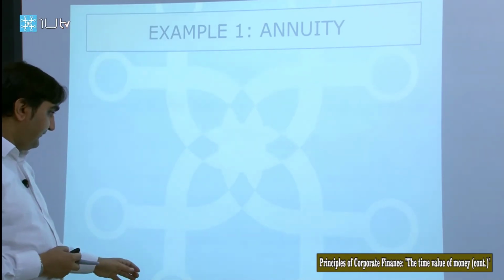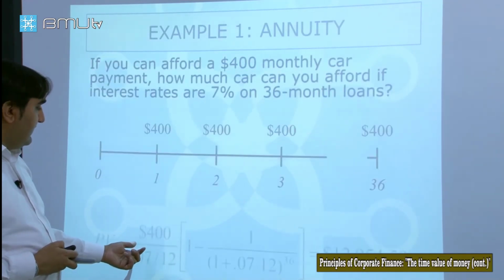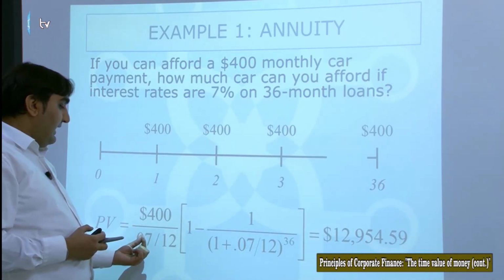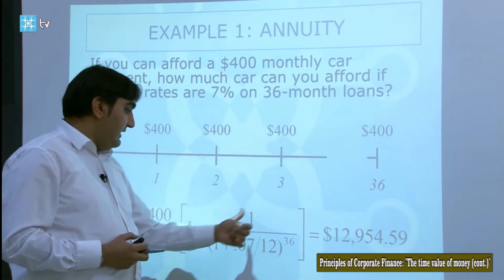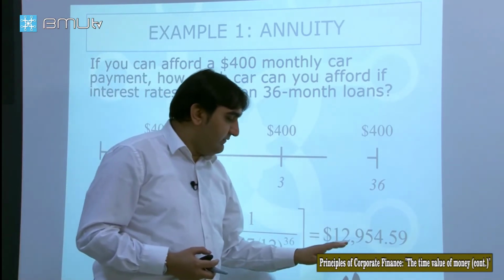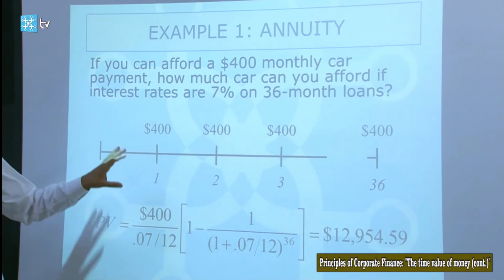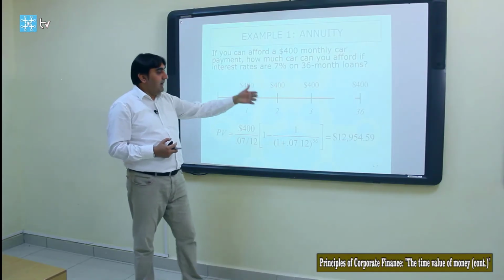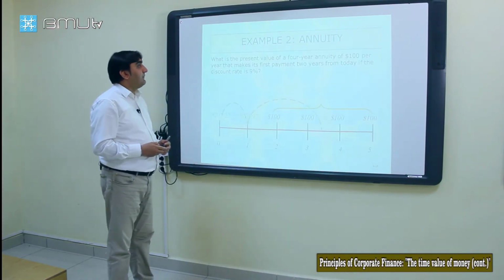In this formula, C here is 400, divide by the rate, the 7% annual rate divided by the number of months, to get the monthly rate, times 1 minus 1 divided by, and from the formula we get around 12.9 thousand. So with this payment schedule, we can buy about a 12.9 thousand car.